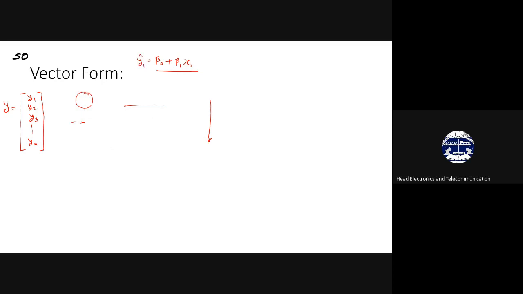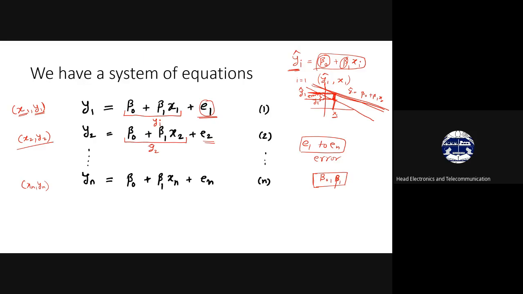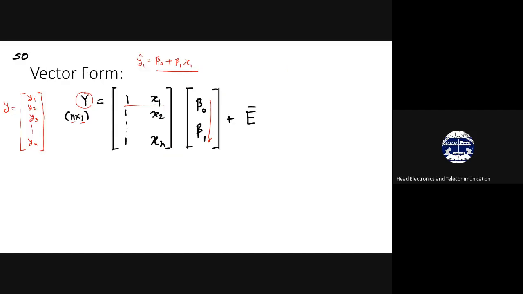If you see the previous equation, it is talking about this. This is y1 predicted, and this is my error. So this E is now a vector, which is just a collection of all errors like this.